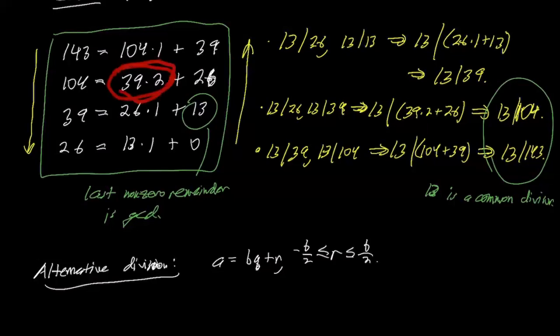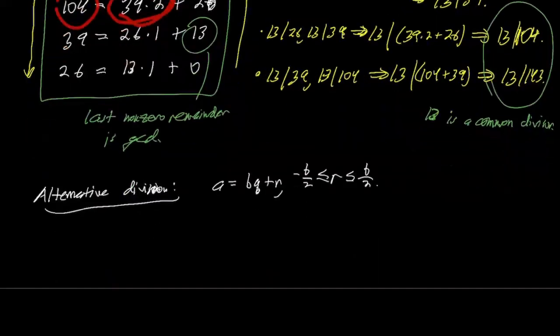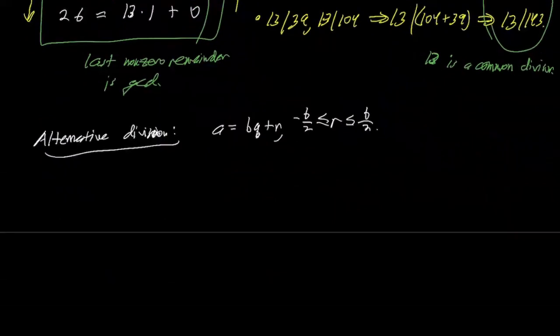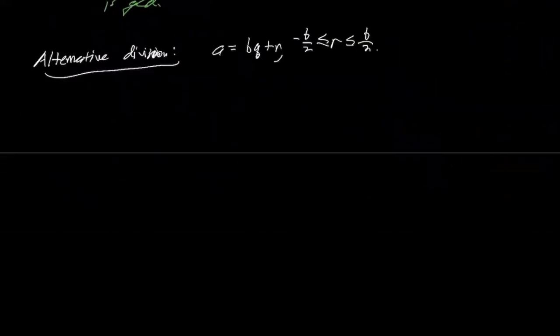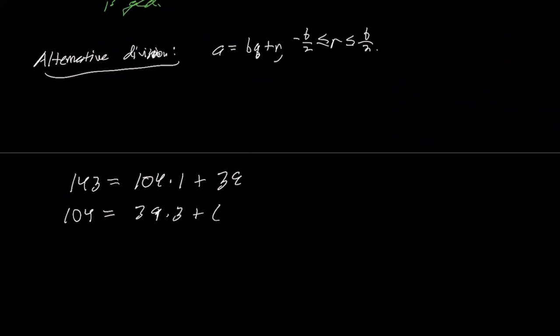So we could have done this alternatively like this. 143 is 104 times 1 plus 39. 104 is actually 39 times 3, so that's 117, plus negative 13.